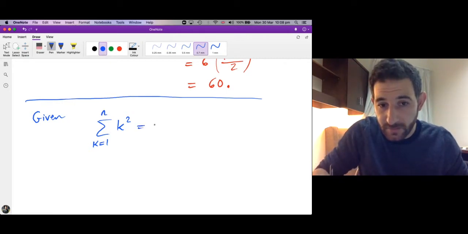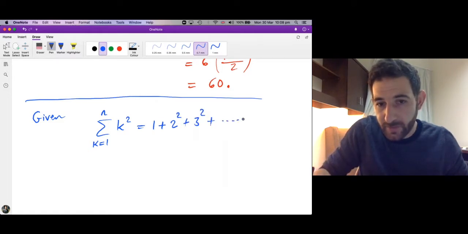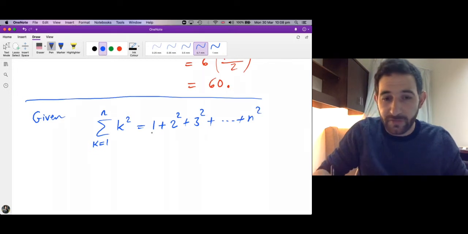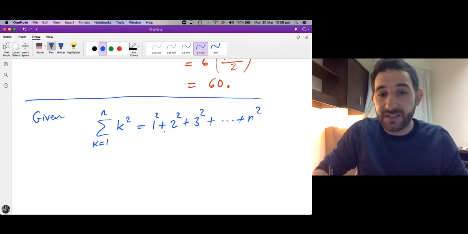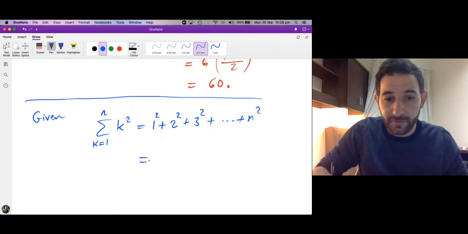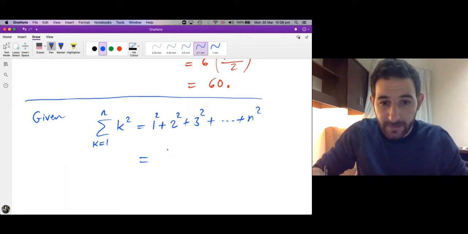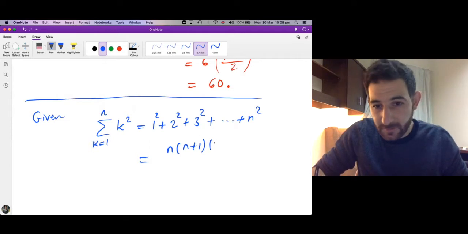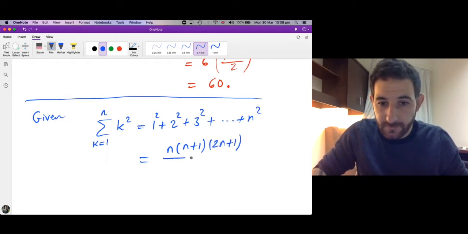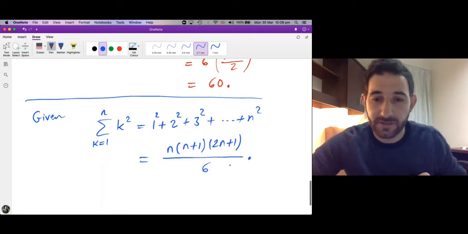When k is 1, this is 1, plus when k is 2, 2 squared, plus 3 squared, and you stop when k is n. So if you sum the first n squares, the claim is that you get n times n plus 1 times 2n plus 1 over 6. Okay, I'll let you think about this. You have to prove it in the assignment.